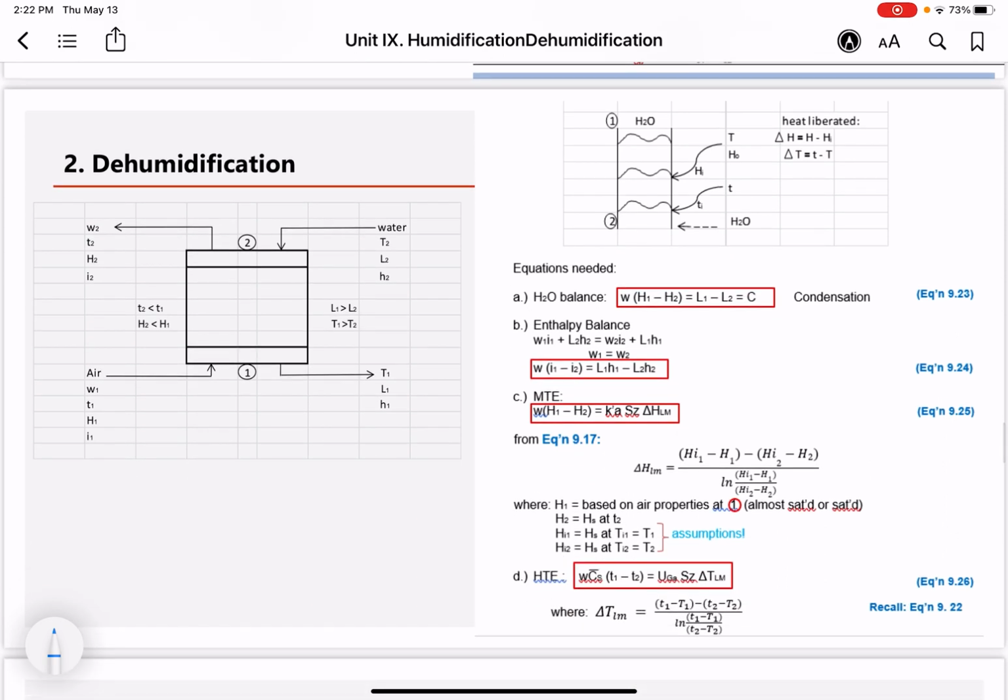So, in dehumidification, given din yung mga equations natin. This process is represented by the straight vertical line on the psychrometric chart. So, kung ito again yung psychrometric chart ko, you have here, kung given ka ng dry bulb temperature 1, so this is my point 1 here.